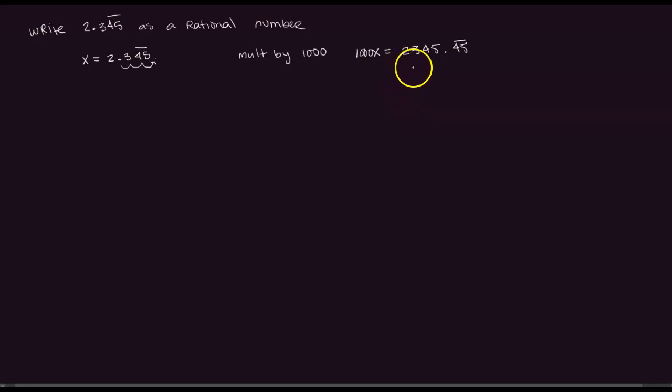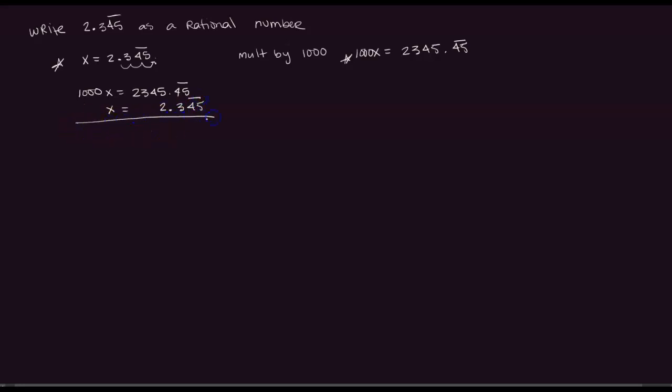Once I have that equation, I might look back and think, oh, well, every other time we've done this, we've used our first equation and our new equation together. But the problem is, and let me show you, if I line up that 1000x equation with my x equation, the repeat end does not subtract off so nicely, even if I line up my decimals.